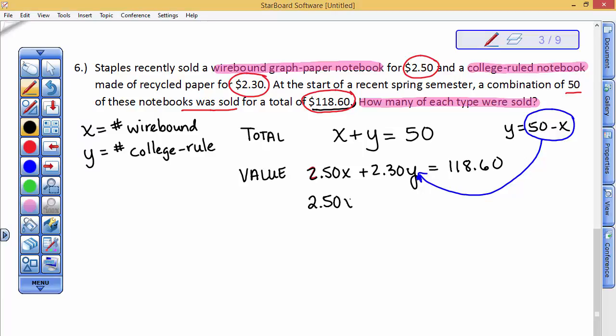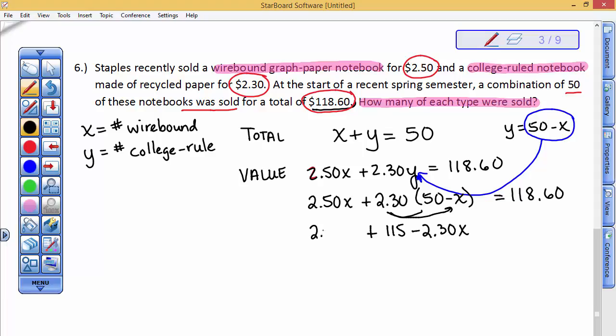And now I've got to do the algebra that results from this. So I'm going to take $2.30 times 50, and that's going to give me 115. And 2.30 times this minus X is a minus 2.30X. Over here, 2.50X, don't forget to bring that down, equals 118.60.